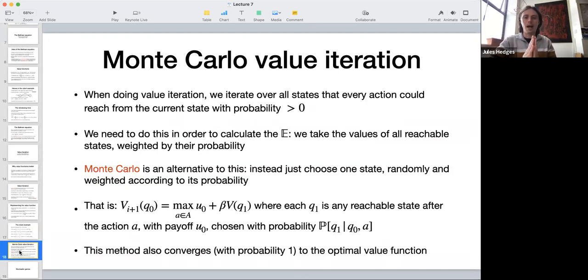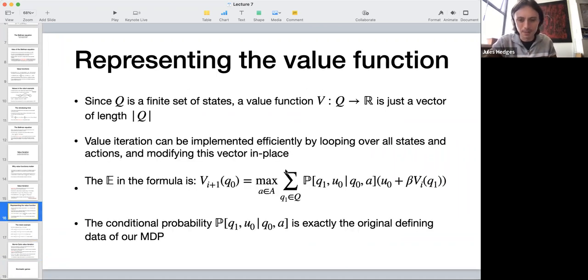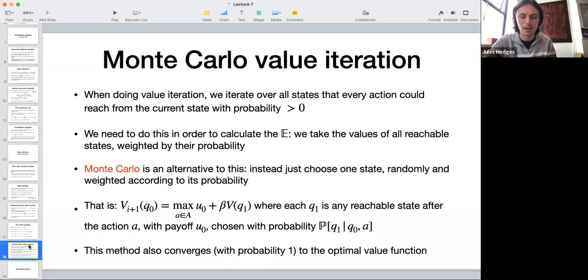Okay, there's one other thing. Currently I said we're going to loop over all states. So here we have the sum over all states. We do this weighted sum to calculate the expectation, but we don't actually have to do that. We can optimize this using Monte Carlo methods.